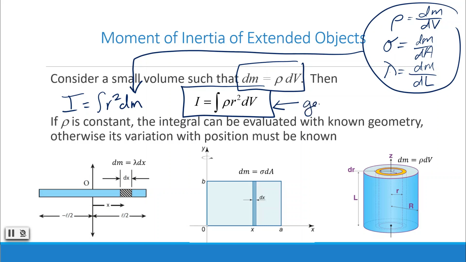But this one is actually the most general definition. It will work for everything. So, for example, I would use dm equals lambda dx for a long thin line. For a sheet, I would use dm equals sigma dA, and for a volume.